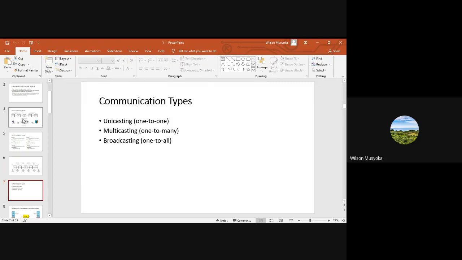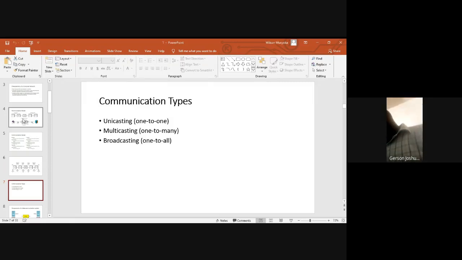When you compare it with broadcasting, where we have an example like ABC, which broadcasts to all, ABC will broadcast to any node which has the capability to receive that signal, because it is one to all.